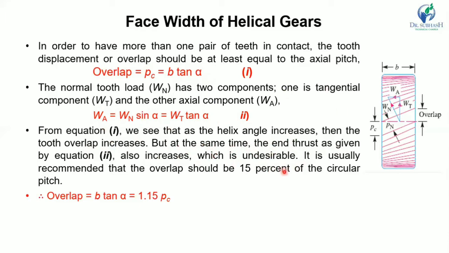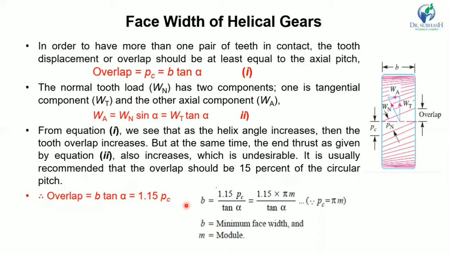So it is usually recommended that this overlap should be 15% of the circular pitch. The maximum value of this overlap should be 15% of the circular pitch. So the value of overlap is equal to B tan alpha, and 15% of it is 1.15 PC, where PC is the circular pitch.